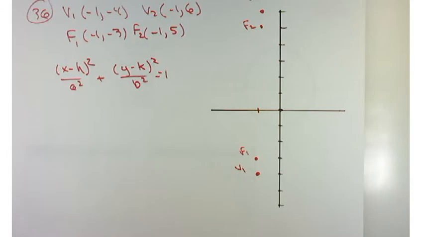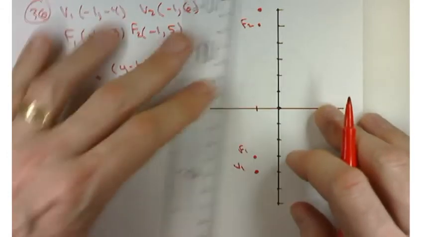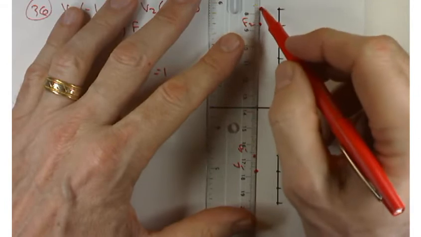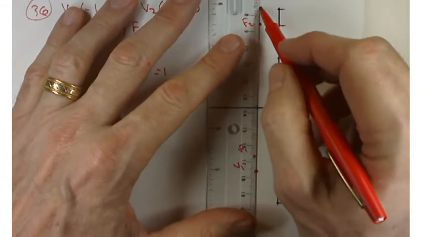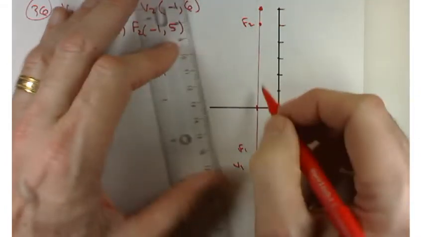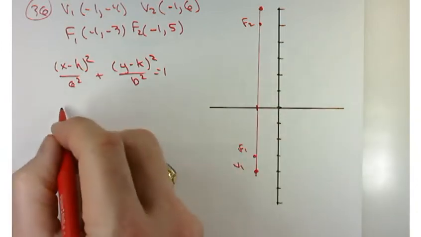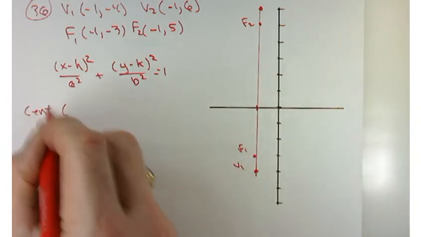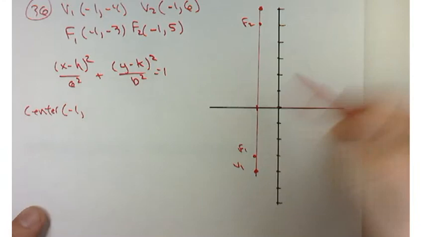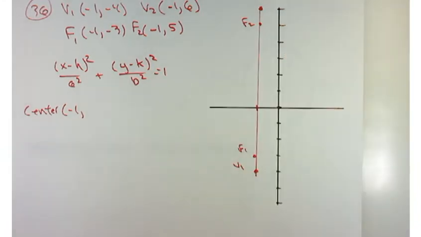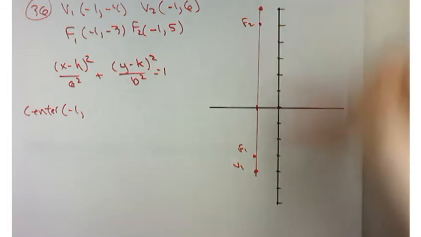One of those coordinates should be pretty easy, right? The center has to lie on this line, so the x-coordinate of the center has to be -1. As far as the y-coordinate, who's able to get that one? Sam, how'd you find the y-coordinate of the center?